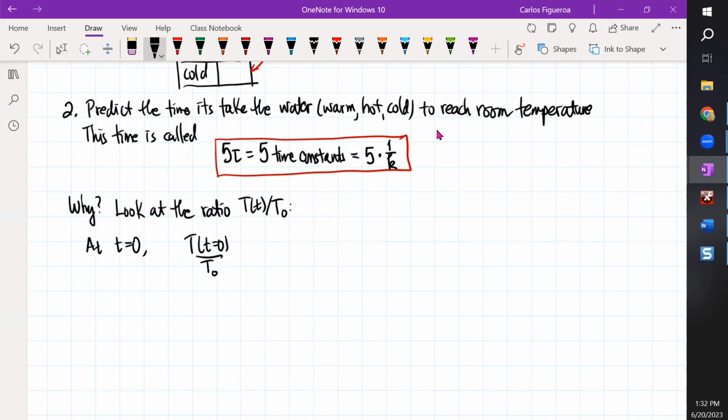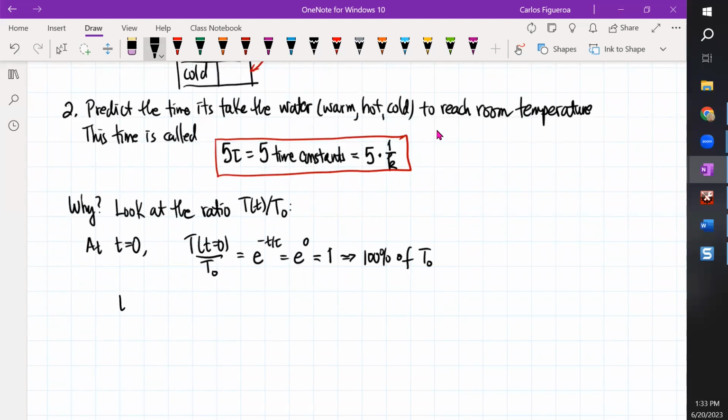And if I look at this here, this is going to be my exponential, which is e to the minus t over tau. So at t equal to 0, I get e to the 0, so I get exactly 1. That means initially the temperature of the water is exactly the initial temperature of the water. So this tells us that this is 100% of T naught. Not a surprise. We started off with the water at that temperature.